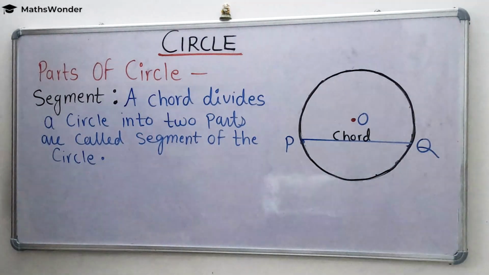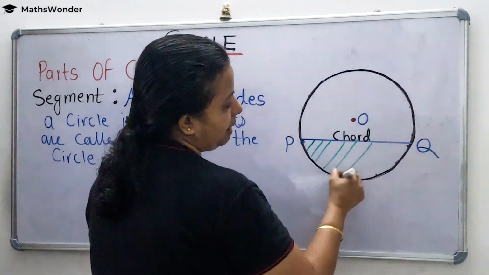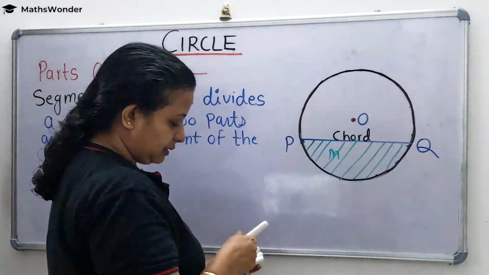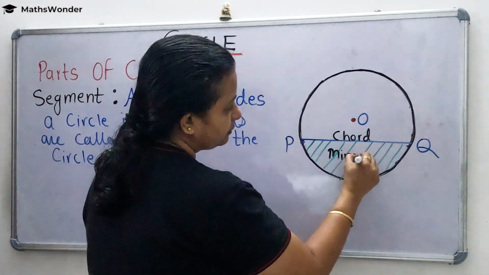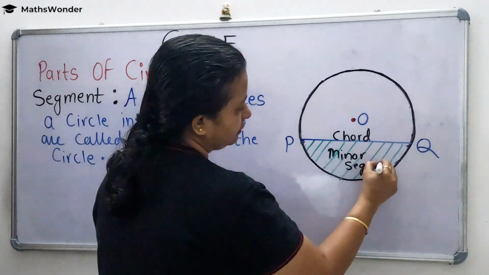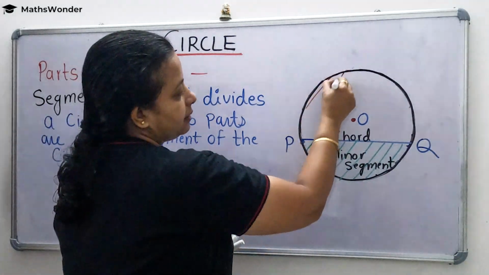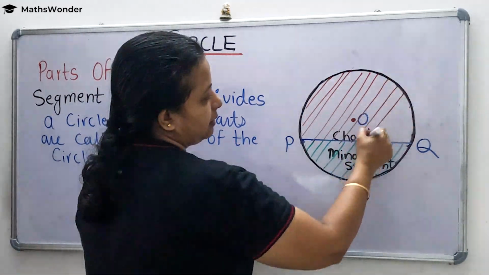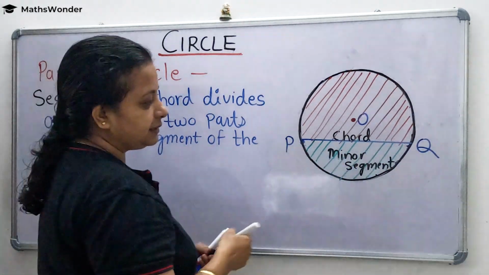So write down, this is the minor segment, and this bigger part, because it's more than half, we call it a major segment.